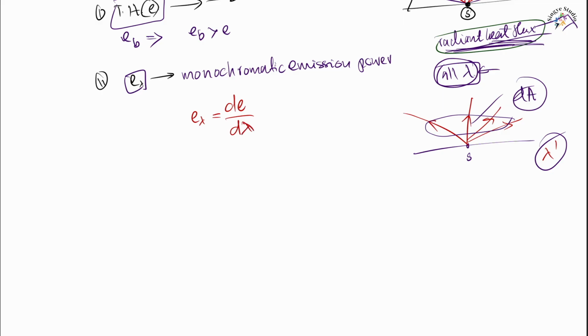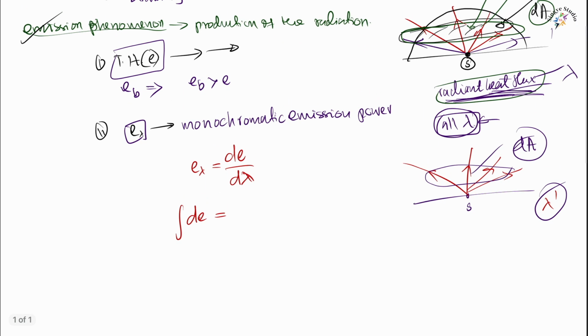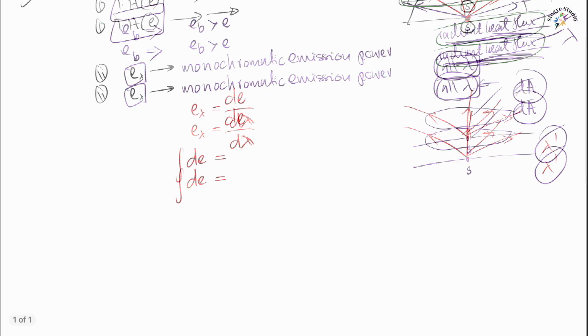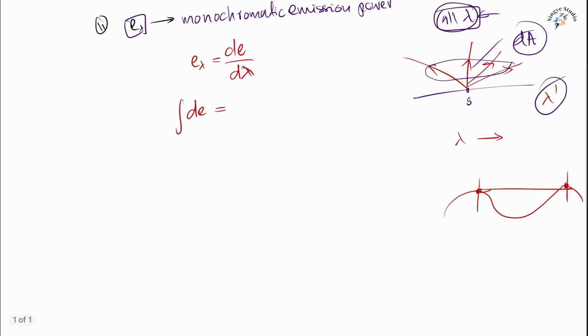Then you can say that for total dE, if you integrate this, this source can emit the wavelength, which is the measure of the distance, right? For a sinusoidal wave like this, with the crest and the trough, if you measure from crest to crest, this is the wavelength.